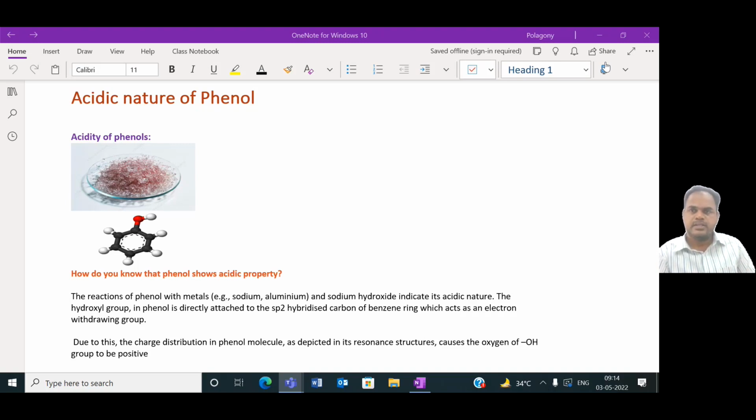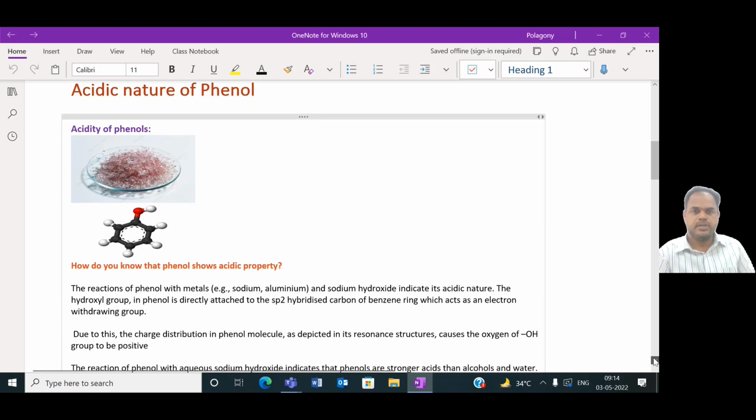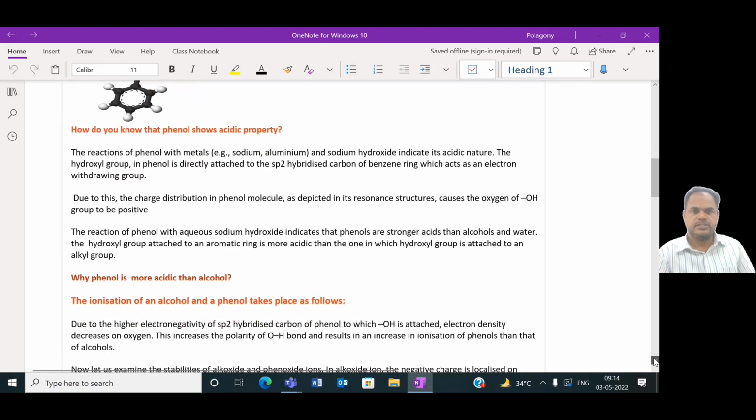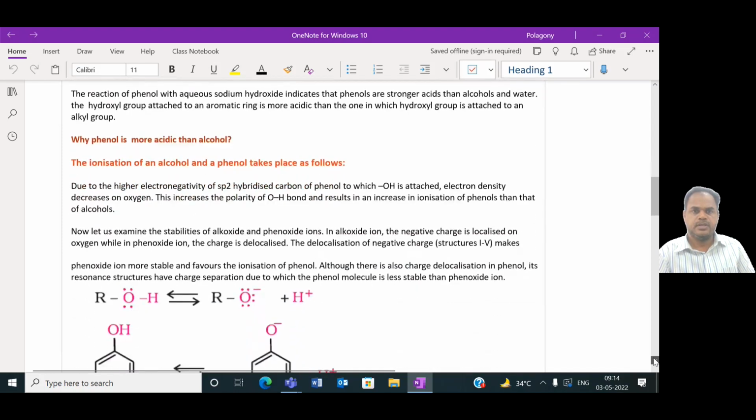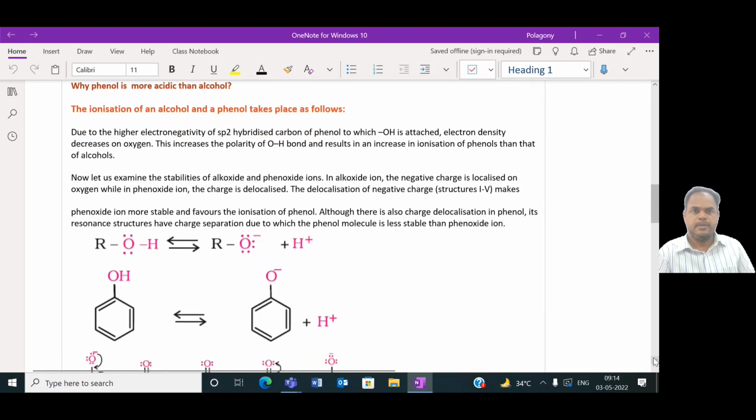So let us discuss the resonance structures and ionization of phenol. See, look at this. Phenol undergoes ionization. Even alcohol also will undergo ionization.